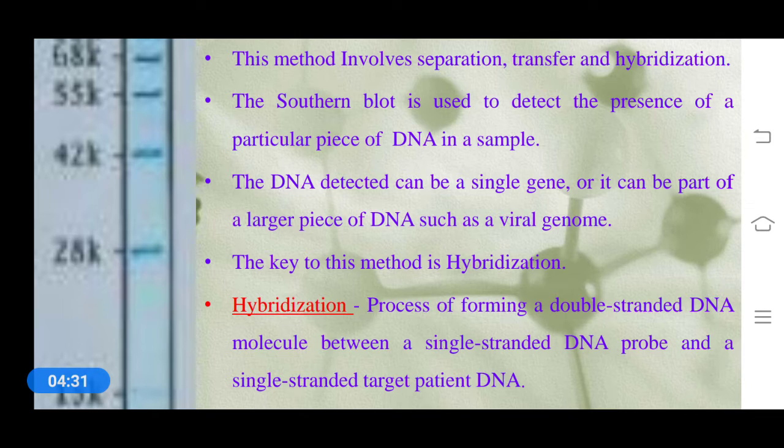Not only for southern blotting, for northern blotting also hybridization is the key method. Hybridization is the formation of a double stranded DNA molecule between the single stranded DNA probe and the single stranded target patient DNA. Between these two DNA fragments a new double stranded DNA molecule forms, and that is called hybridization.